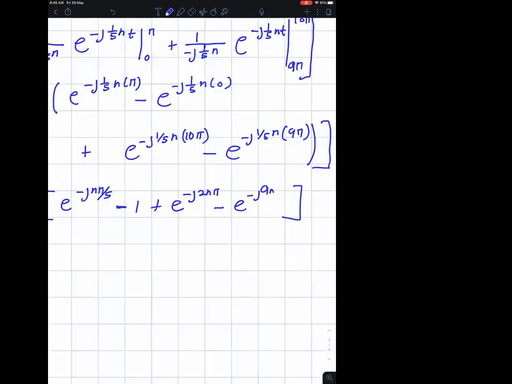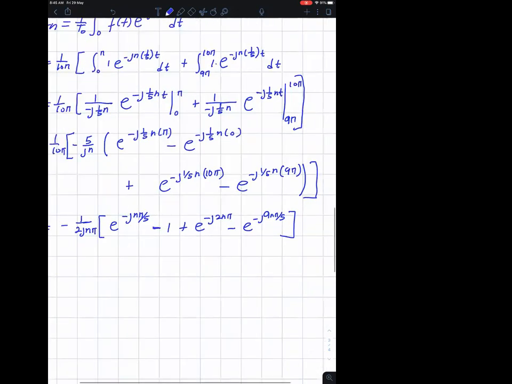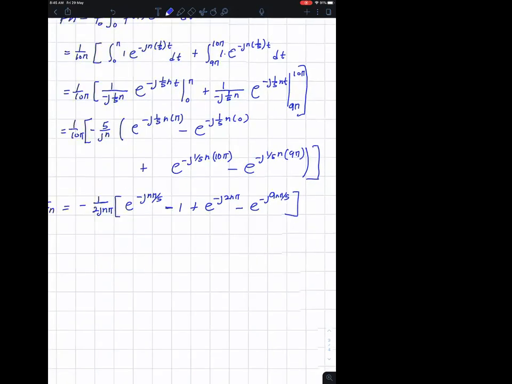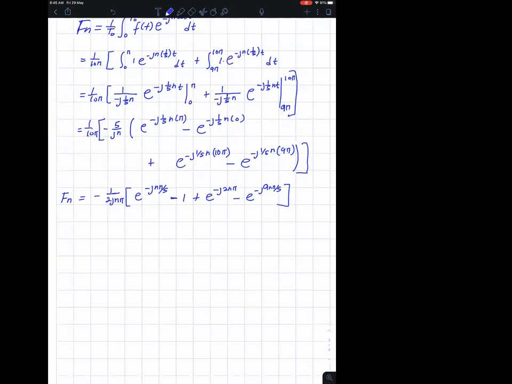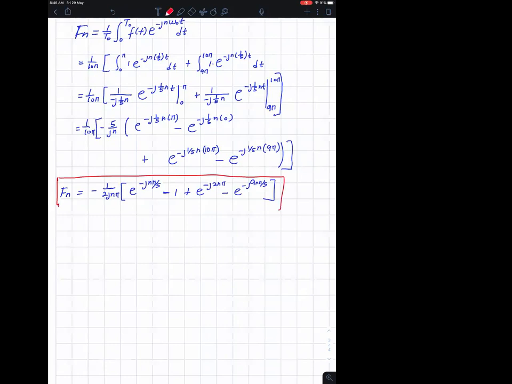Pi over 5. So this is Fn. If you can get this, then you can just plug in F1, n equals to 1.